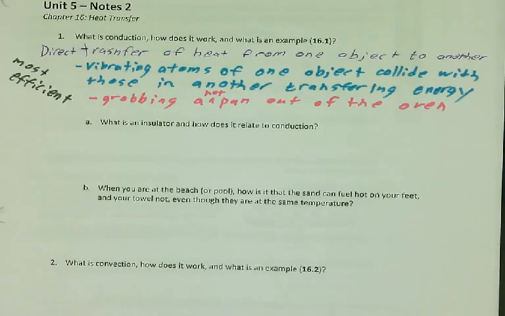That's convection. Fire is not this. If you put your hand in the flames, you're not touching a physical thing. You can't hold fire in your hands. So it's not physical contact between you and that. That's radiation. We'll get to radiation soon, too. But conduction has to be physically touching things.